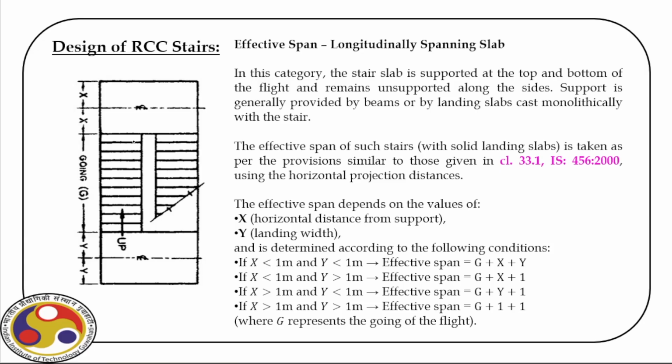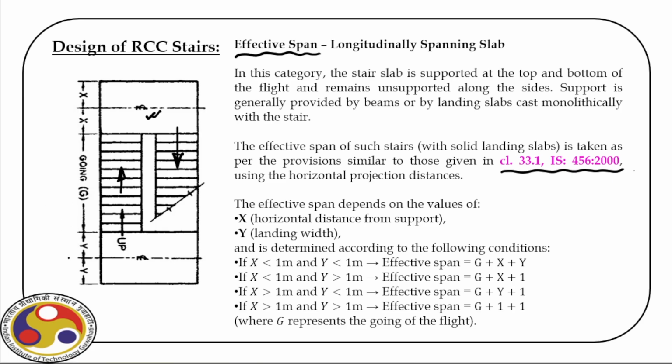Now the first question is then, what is the effective span of a longitudinally spanning slab? It is given in clause 13.1 of IS 456, and for that you can see it is a dog-legged stair, so we go this way. This is the half landing, and then we move on this side.